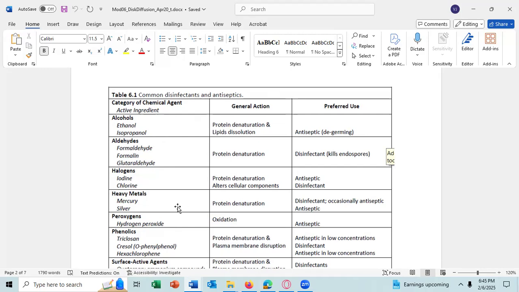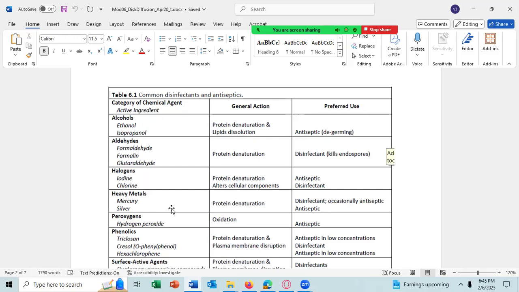I forgot to mention that in the last lab, but the heavy metals are toxic to people. You don't want to consume them, for example, so they're usually applied on the skin. But you can use them as an antiseptic or a disinfectant. Their use has come back because when we use these, they do not increase the risk of the bacteria becoming antibiotic resistant.